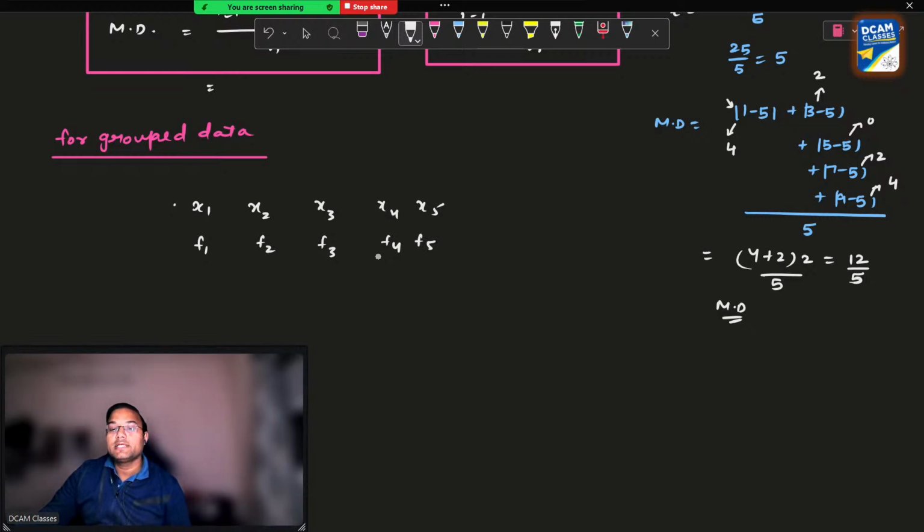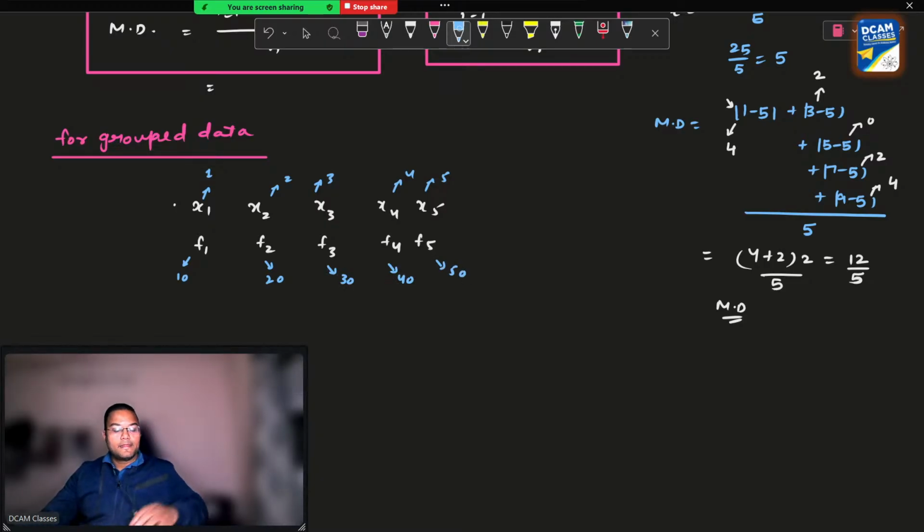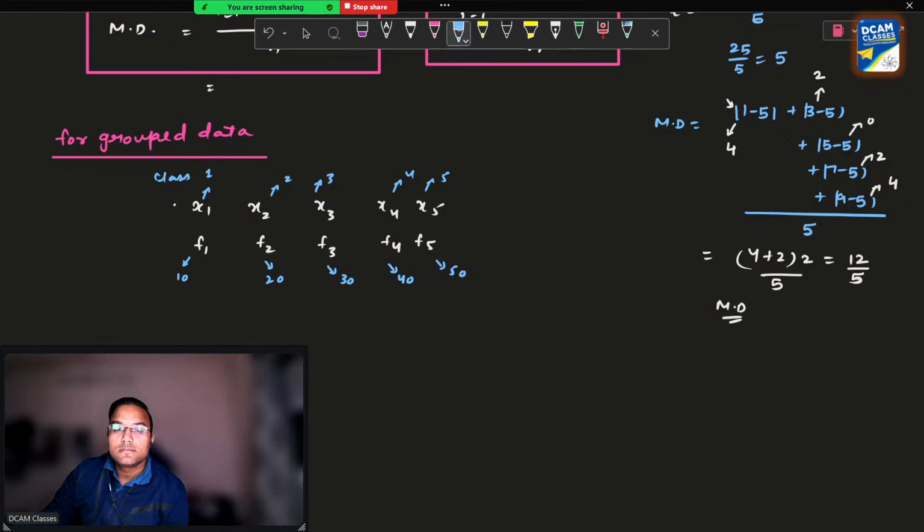Suppose there are classes: class 1, class 2, class 3, class 4, class 5, and in each class there is a number of students. f1 represents the number of students, suppose 10. In class 2 there are 20 students, in class 3 there are 30 students, class 4 there are 40 students, like that. That comes under the grouped data.